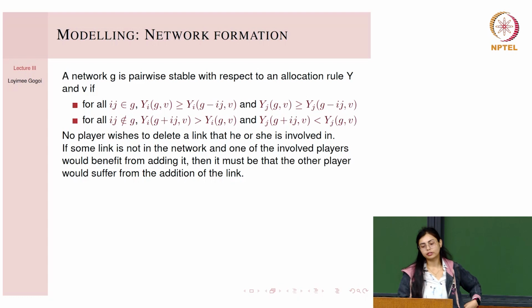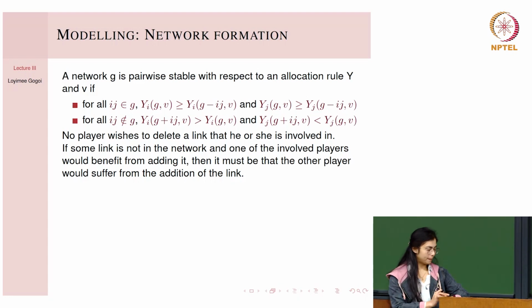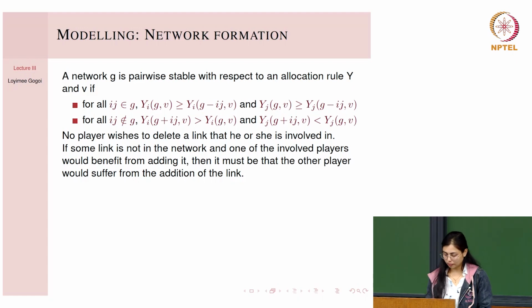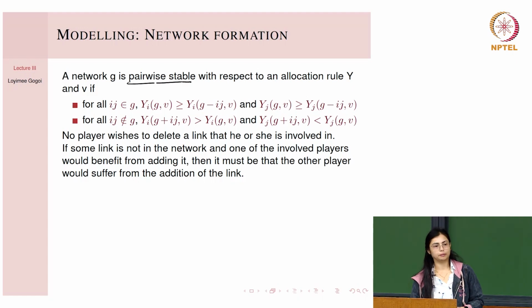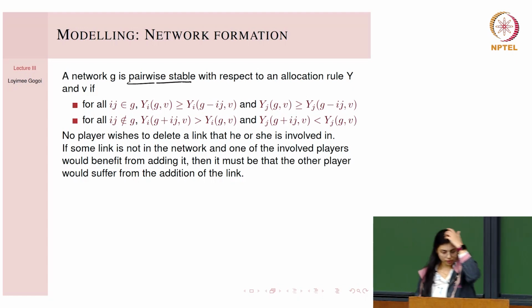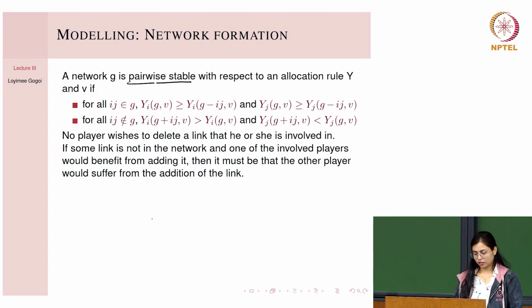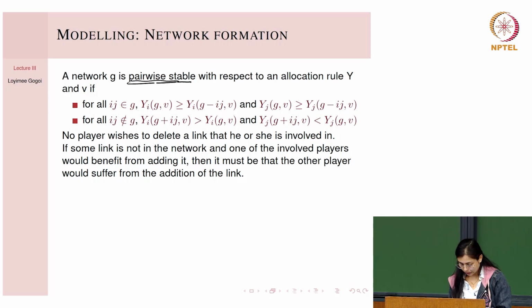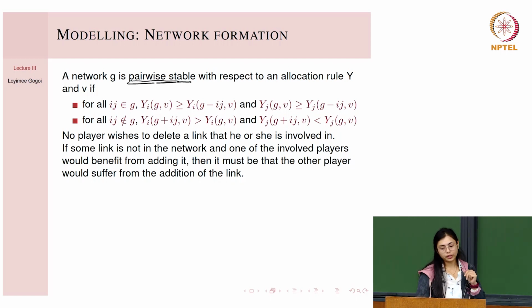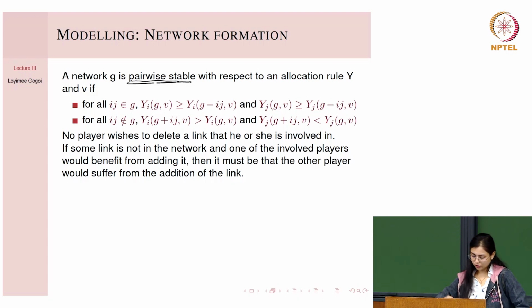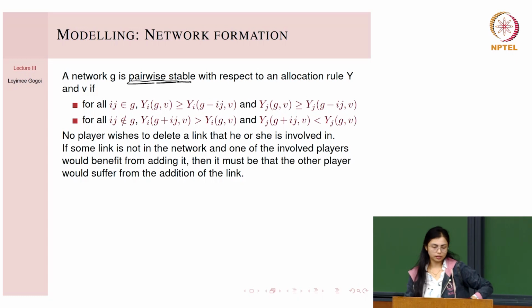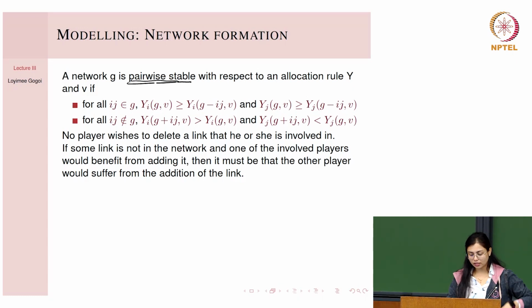So now we'll talk about some network formation. The first model was about pairwise stability. The concept was introduced in the paper by Jackson and Wolinsky, 1996. This is also a very easy concept, and a very weak notion, because it only considers one link.